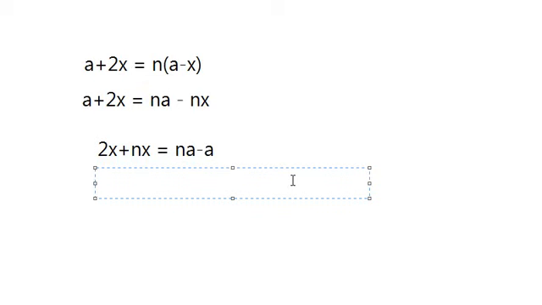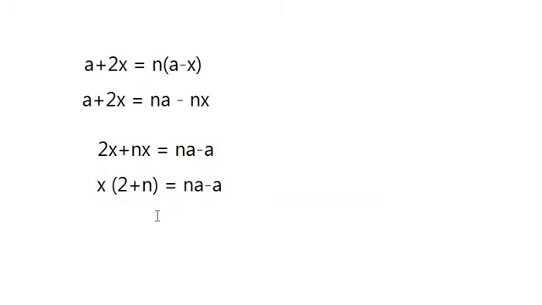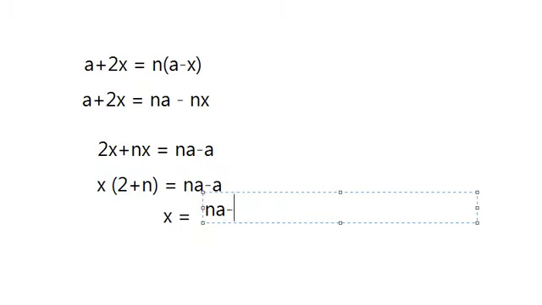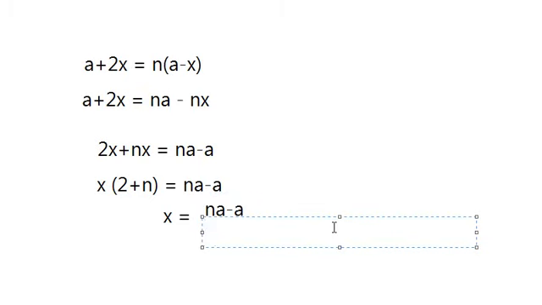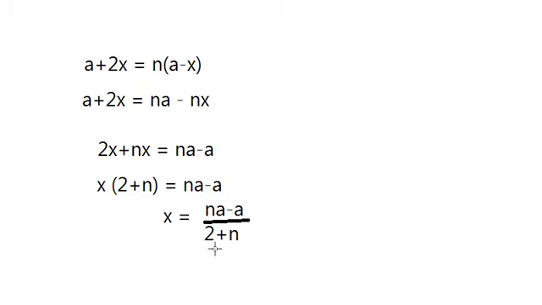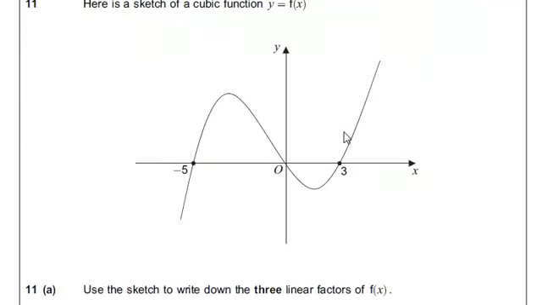I'm gonna do it single-sided, so we will have a value, not x but 2 plus n will be equal to na minus a. So the answer of x will be equal to na minus a over 2 plus n. Okay, so that would be that question explained, and that is the answer for that. So let's run through to the next one.